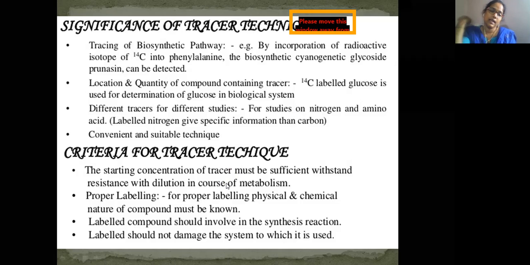Next, the criteria for tracer techniques. The starting concentration of the tracer must be sufficient to withstand the resistance with dilution in the course of metabolism.